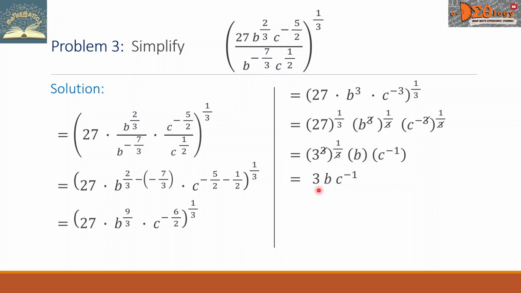Then we copy the b along with the c with the negative 1 power. We rationalize this negative power by putting this in the denominator. So we have 3b all over c with a positive 1 power, so we don't need to write it. Finally, our answer is 3b over c.